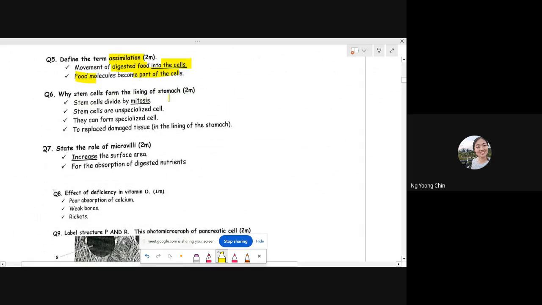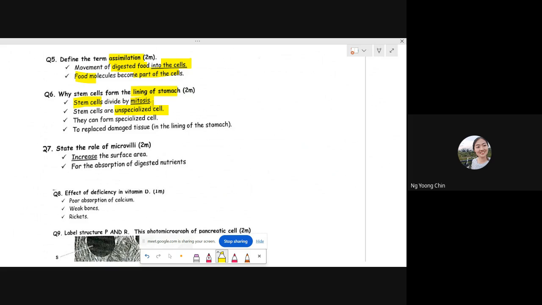And then for the lining of the stomach, what actually forms the lining of the stomach? The lining of the stomach is formed by the cell, okay? So we also use the stem cell, this one. Stem cells are able to undergo mitosis. Stem cells are usually unspecialized cells because their function is just to do mitosis to produce more and more cells.